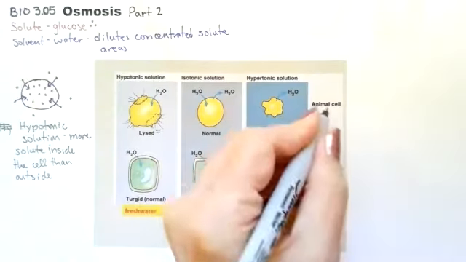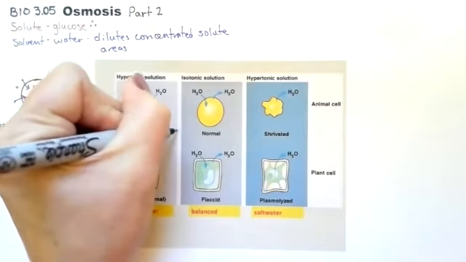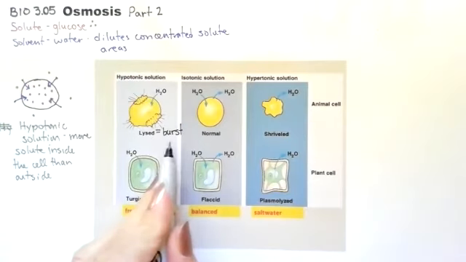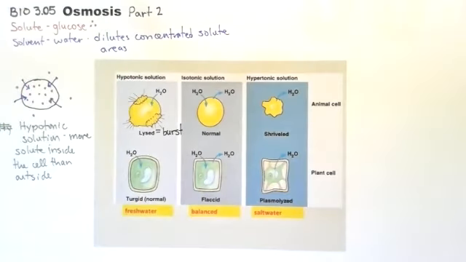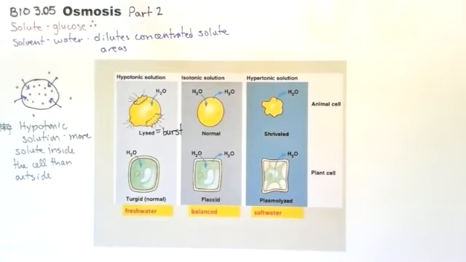And by the way, these are all animal cells. So across the top, these are animal cells. So lysed is burst. And this can happen if you got hooked up to an IV of pure water.